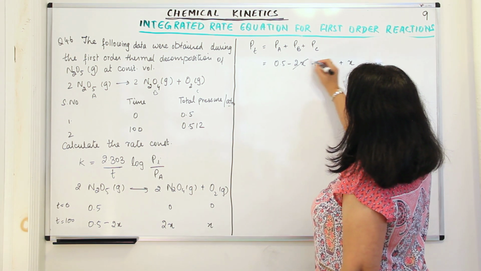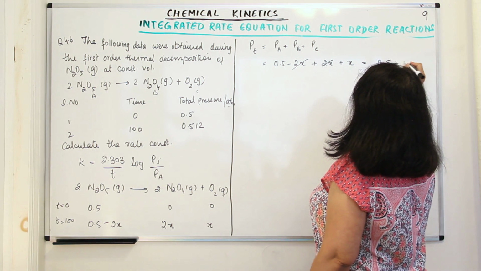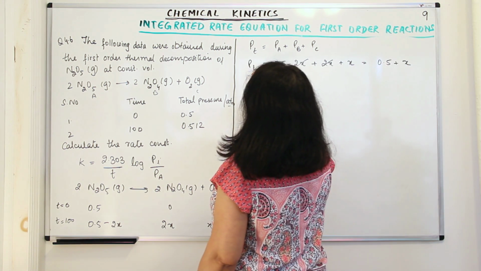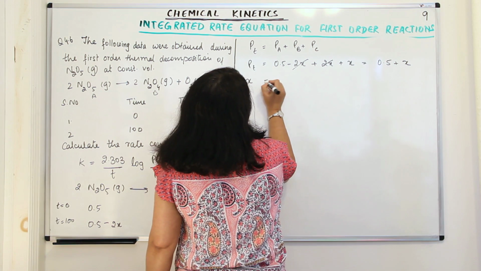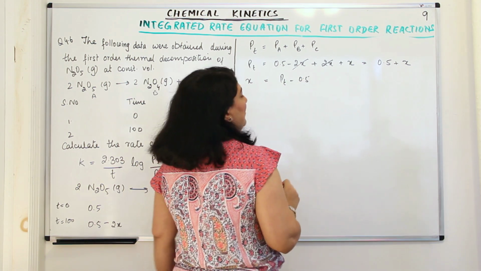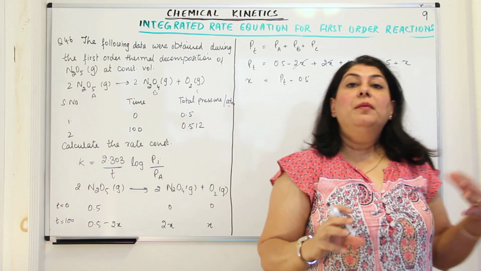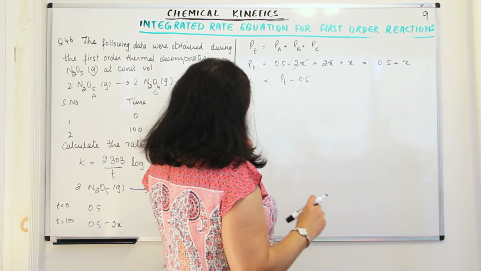So minus 2x and plus 2x goes off, you'll get 0.5 plus x is PT. Right? So what is x? X would therefore be equal to PT minus 0.5. Whatever is the total pressure, minus 0.5 will give you the value of x.